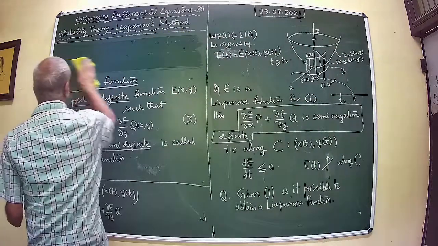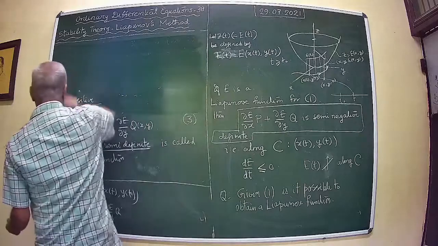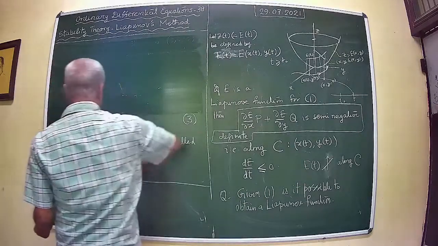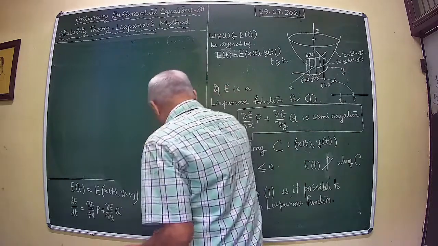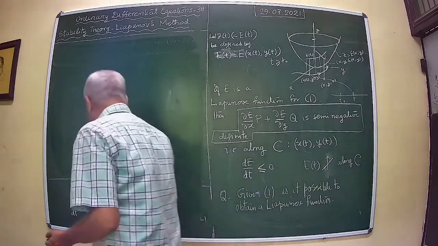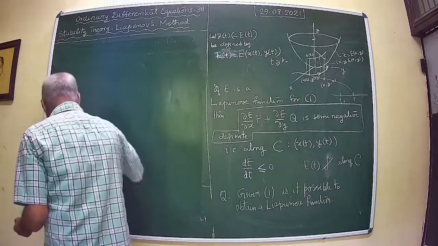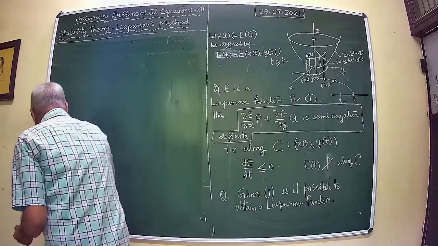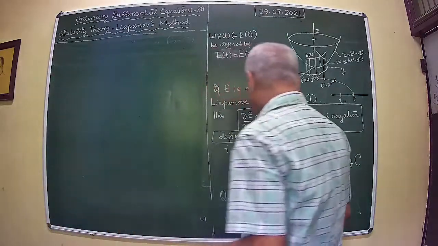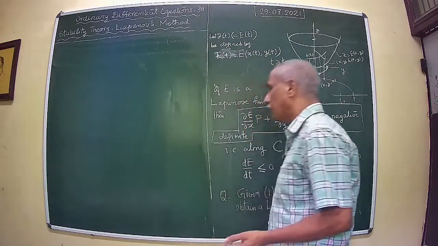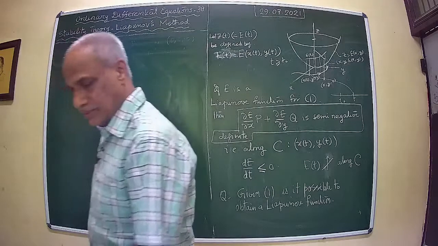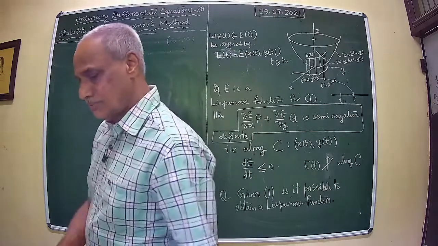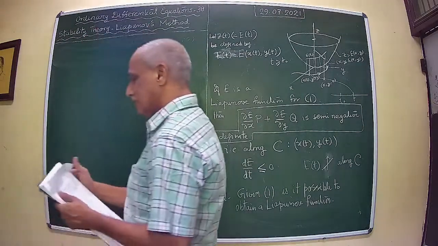Okay. So let me make the statement of the theorem. The statement of the theorem corresponds to the question that I have raised here. So we have stability provided there is a Liapunov function.